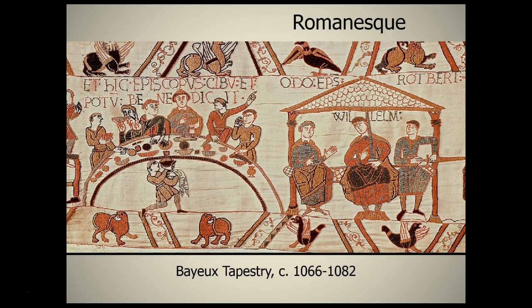In the detail, we see Bishop Odo blessing the feast that takes place before the battle. So this is a scene right here. Elaborate textiles, including embroideries and tapestries, enhanced a noble's status and were thus featured. The function of tapestries and embroideries in general was that they helped keep castles warm, because obviously it was very cold.